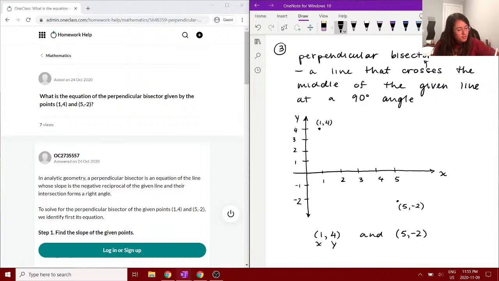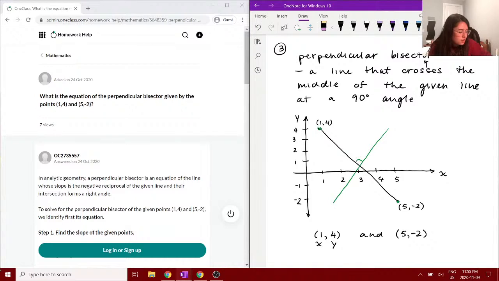So imagine that I could draw a straight line between these two, right? The line that we're looking for, the perpendicular bisector, will cross this line right in the middle, so equally spaced between this point and this point, and it will cross it at a 90-degree angle.